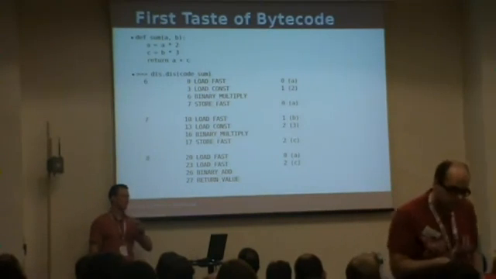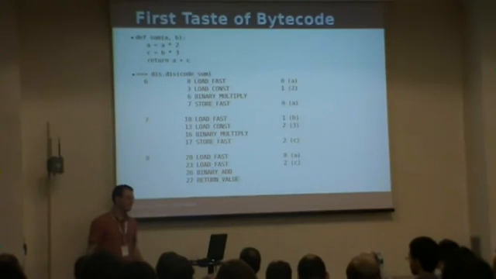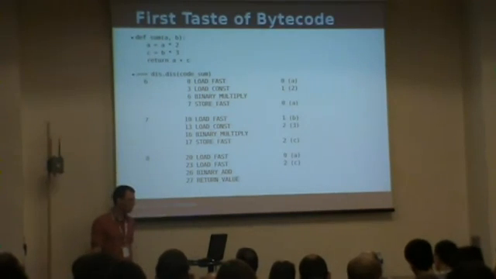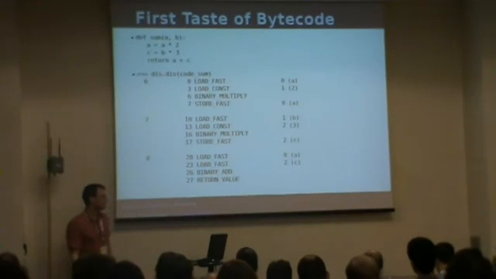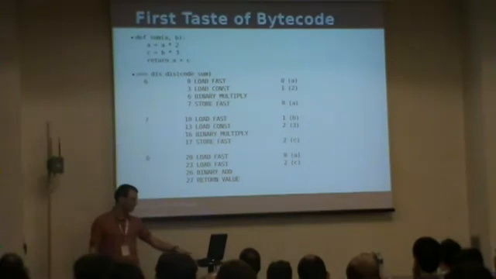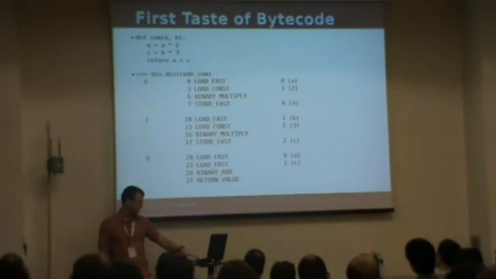And the result of that, it will store again into a variable. Same for B and for the next block. The next line does the same kind of thing. And then at the end, it just works through it like that. At the end, it returns a value by pushing it on the stack, I think.